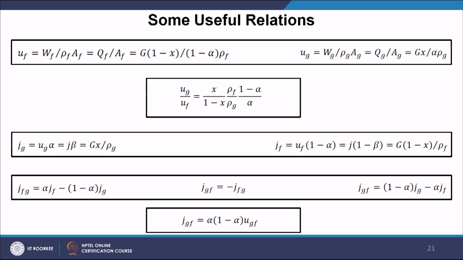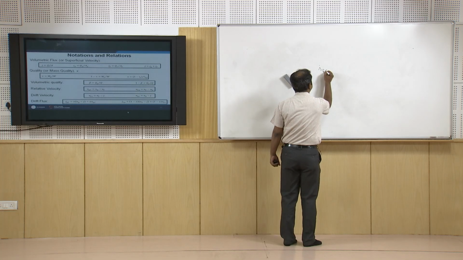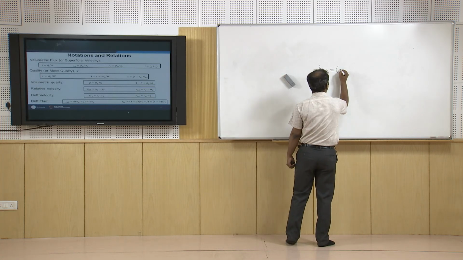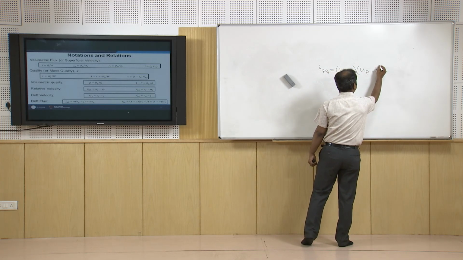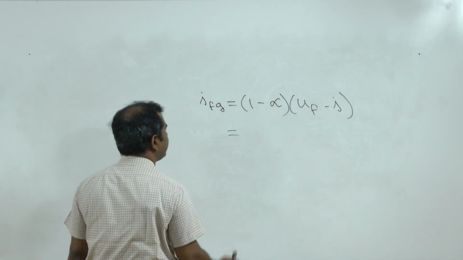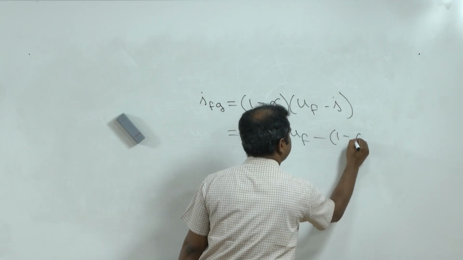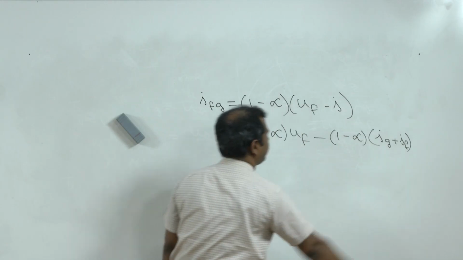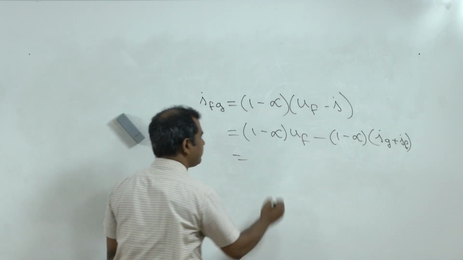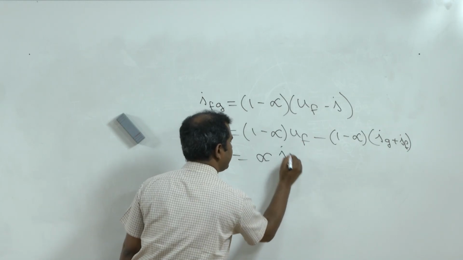We will start from this equation, Jfg is equal to 1 minus alpha into Uf minus J, right. So, I can write over here 1 minus alpha into Uf, and then 1 minus alpha into J, where J can be written as Jg plus Jf, right. So, 1 minus alpha into Uf will be alpha into Jf.